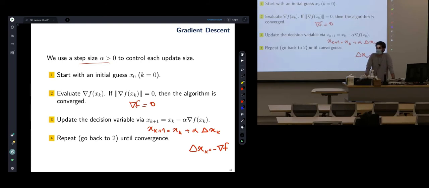What's the beauty of this algorithm? What do you think makes this algorithm attractive, that basically the entire literature of modern machine learning is on this algorithm, with different variations of it for training neural networks?